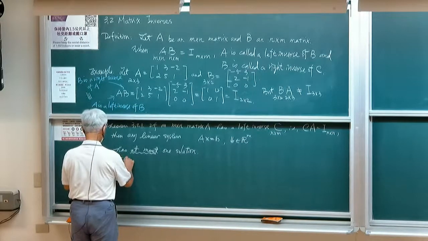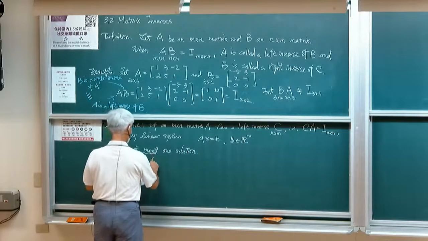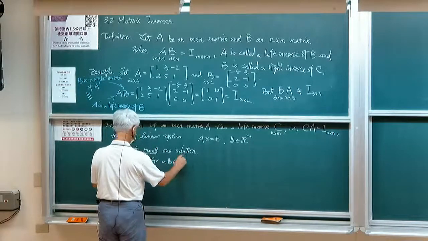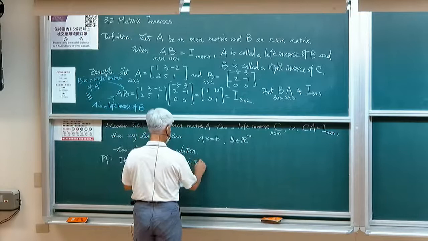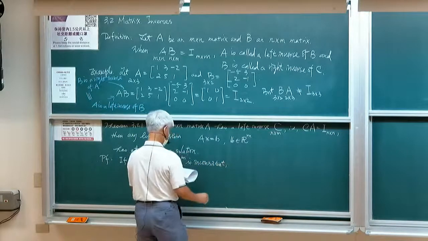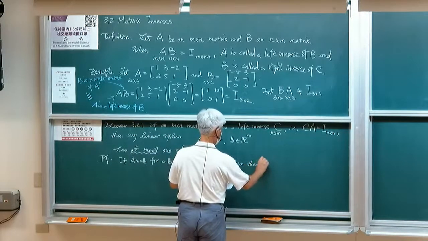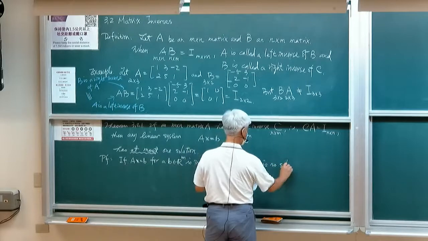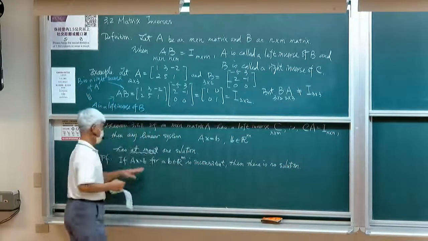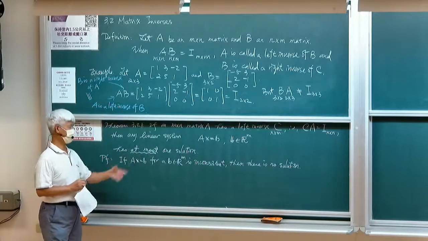First case, if AX equal to B for B in R^M is inconsistent, then there is no solution. That's fine. If for some B the linear system is inconsistent, then there's no solution, of course.